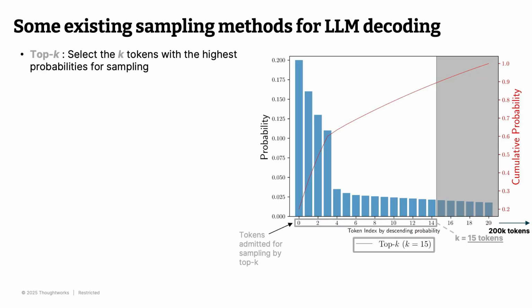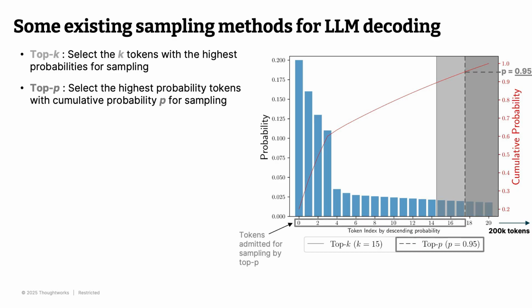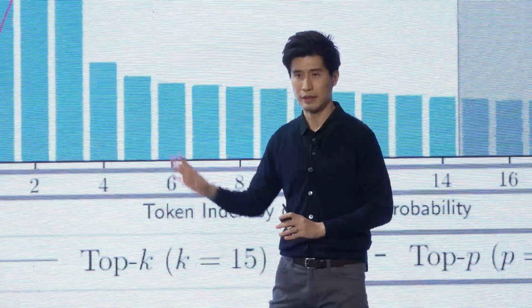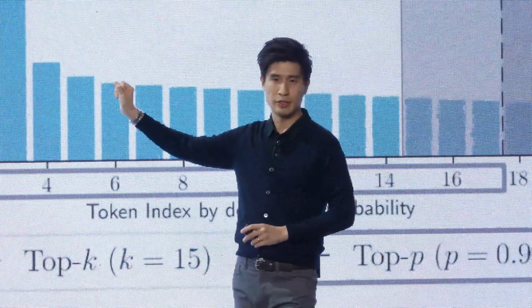Running through some of the existing methods, real quick, top K and top P first. These are the methods that are available in your API methods. Right? You use OpenAI API, you use Mistral API, things like that. They would have these very traditional methods.